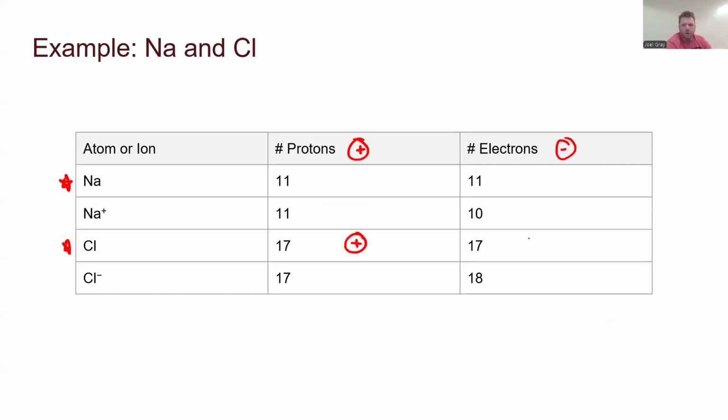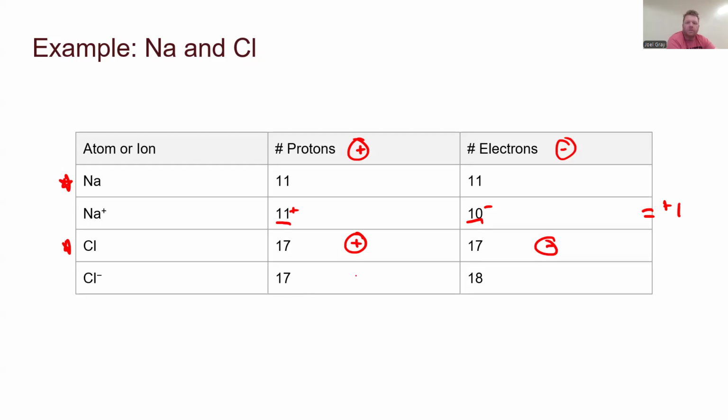The 17 here and 17 here cancel one another out. Now, when sodium loses one of its electrons, so when a sodium atom goes down to JV, it still has 11 protons, but now it only has 10 electrons. So it goes from 11 to 10. Now we've got 11 positives and 10 negatives. Those combine to give us a charge for our species, which is +1.